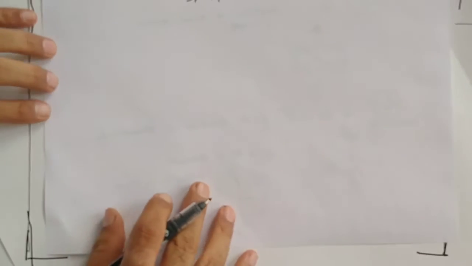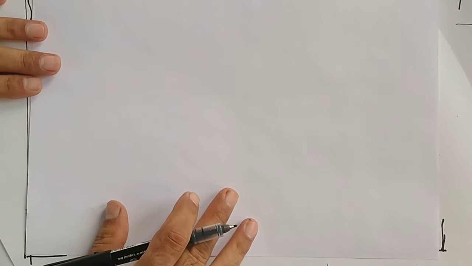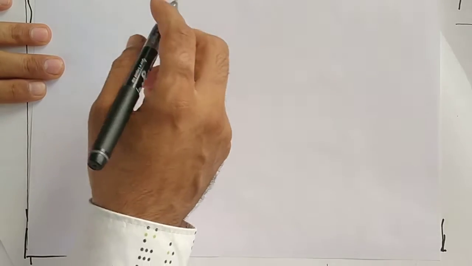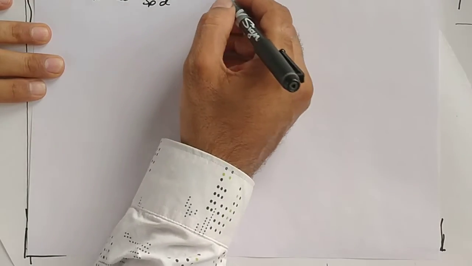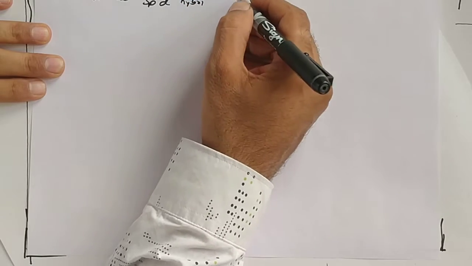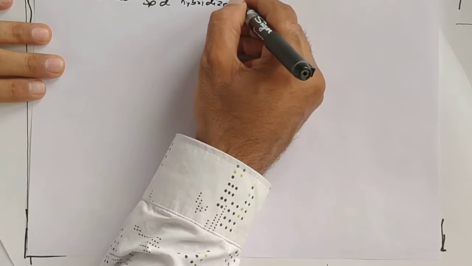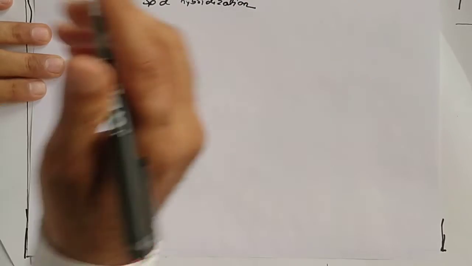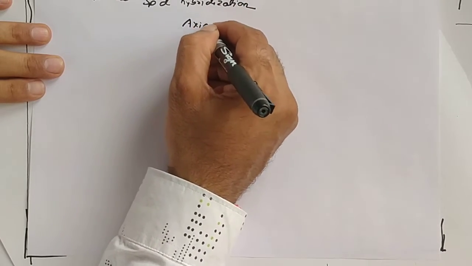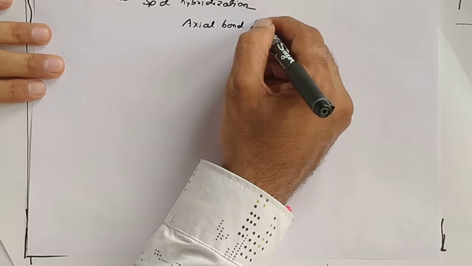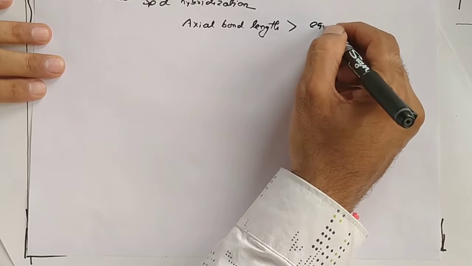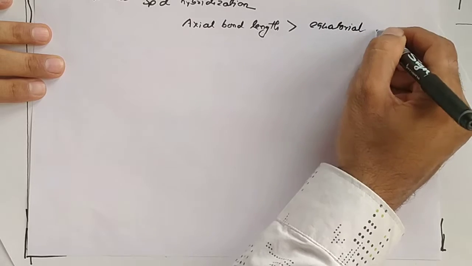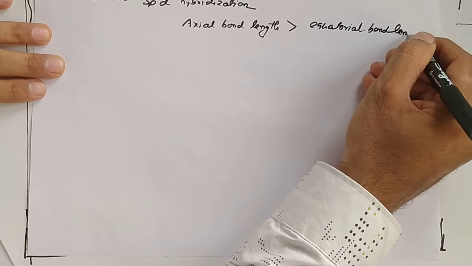Now next, in sp3d hybridization, the axial bond length should be higher than the equatorial bond length.